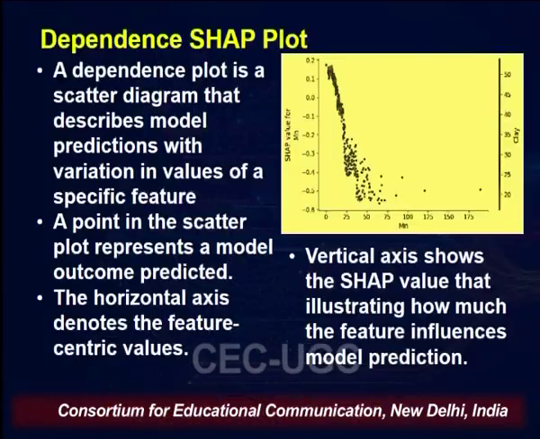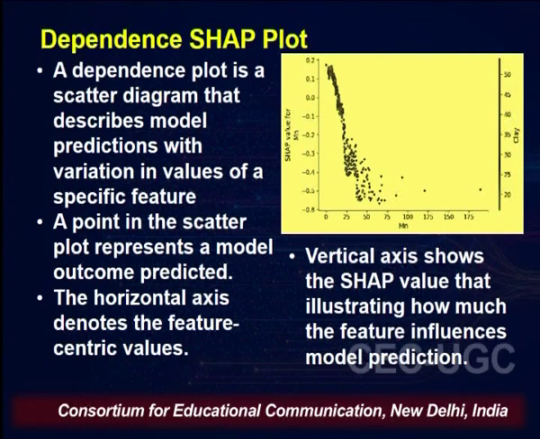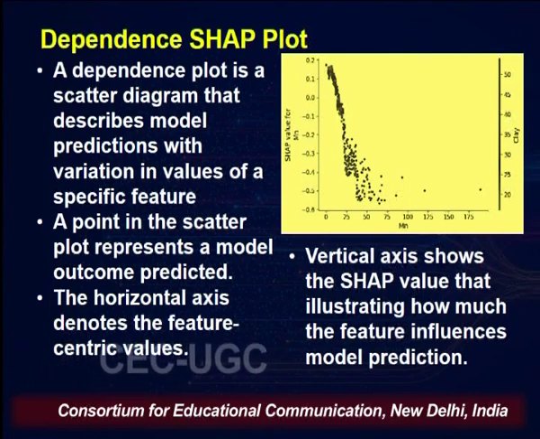Then there is the dependence SHAP plot. So this is the third in the category, where you can see that it's a scatter diagram, and the model predictions being described by this plot are specific to a particular feature. Okay, so it can give you the outcome of one feature with respect to another feature.